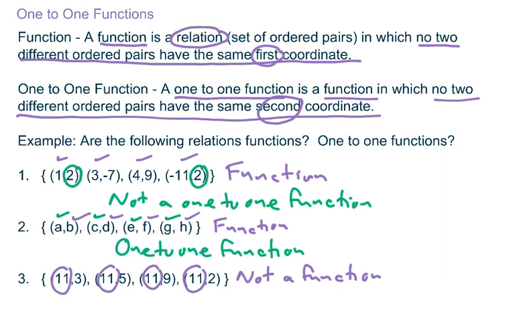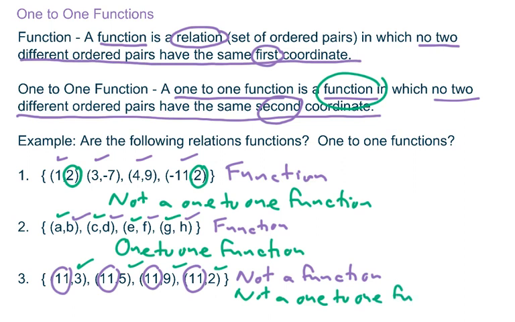When you look at the second coordinates, no two ordered pairs have the same second coordinate. All these second coordinates are different. And so it might be tempting to say, oh good, it's one-to-one. But if you look again carefully at the definition, a one-to-one function must first of all be a function. So it's a special category of functions. If a set of ordered pairs is not a function, then it can't even be considered as a one-to-one function. So this is also not a one-to-one function.